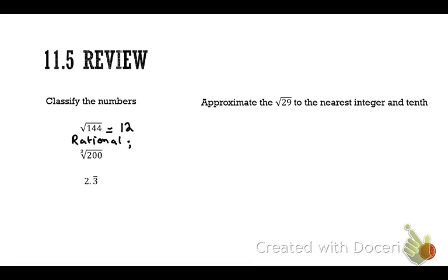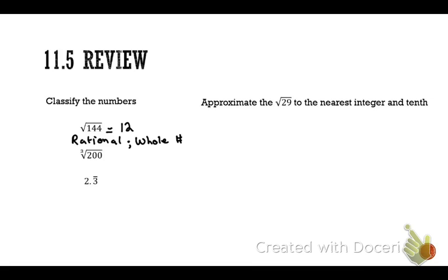Remember yesterday we talked about the kinds of rational numbers. We have integers, whole numbers, repeating decimals, and terminating decimals. This is a whole number. Is it also an integer? Yes. As long as you give me one of the categories, we're good.